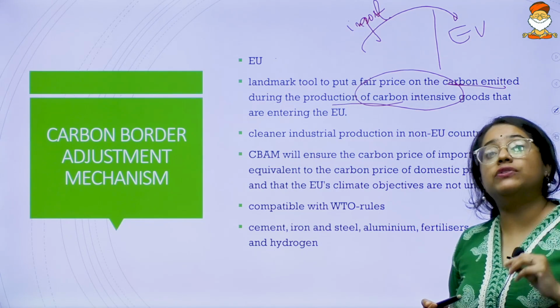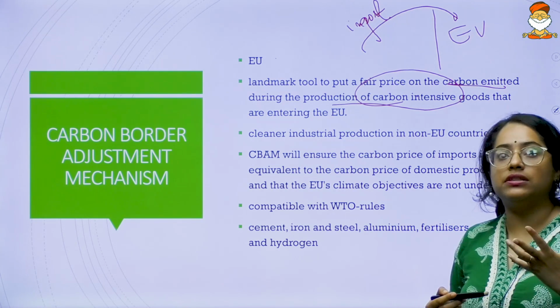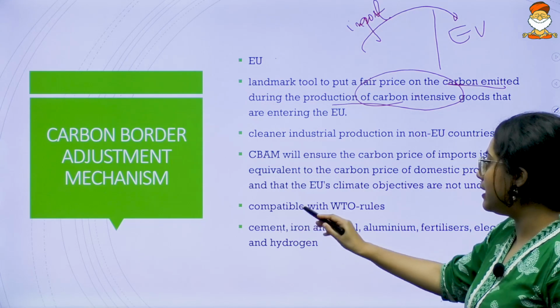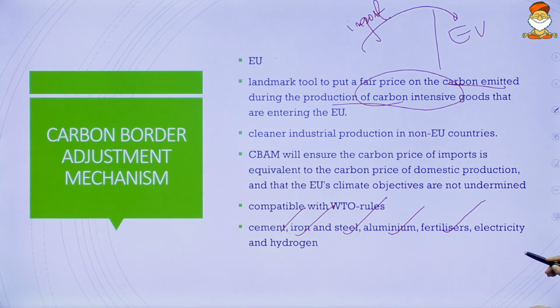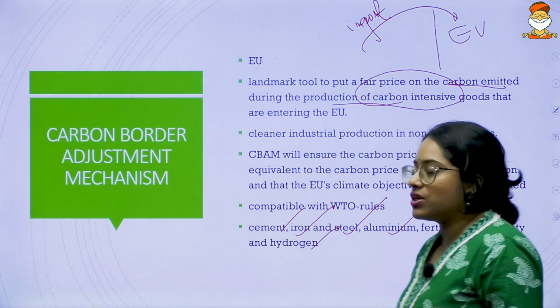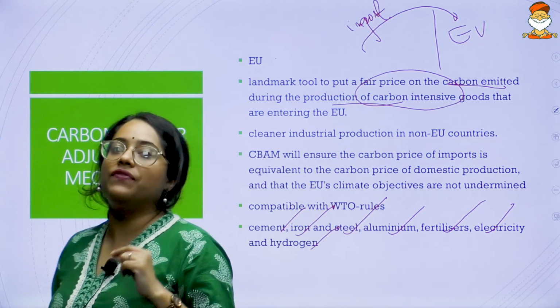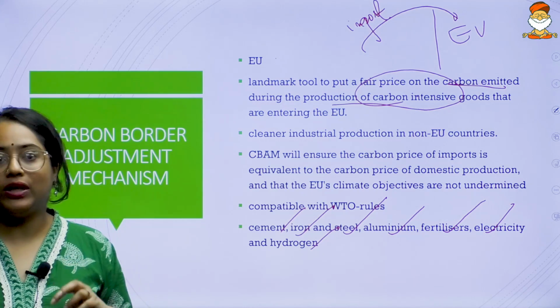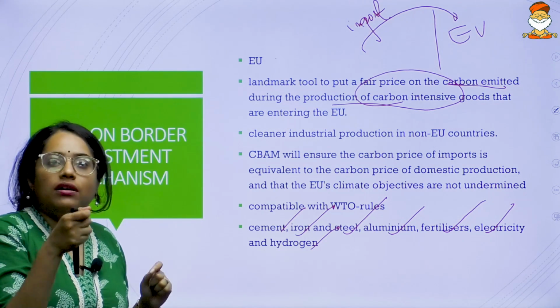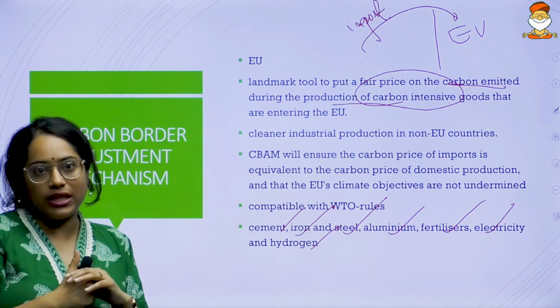But now, if it's from a carbon-intensive industry, means cement, iron, steel, aluminium, fertilizers, electricity, hydrogen, etc. So in any of these industries, if it's created from there, what happens is once it enters into EU, they will put a border tax sort of a thing.